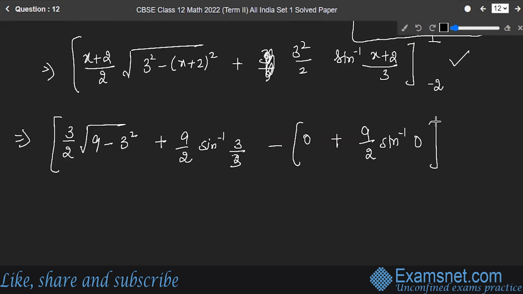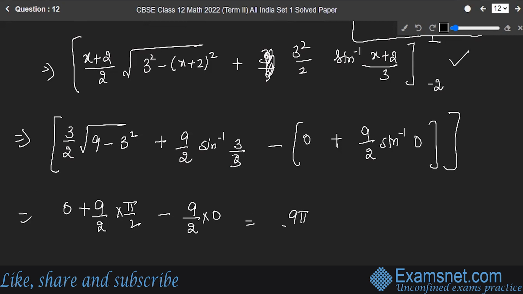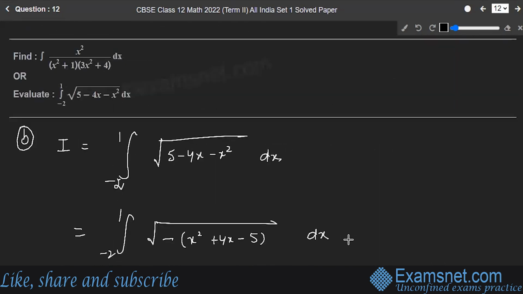Okay. Fine. So this is equal to 0 plus 9 by 2 sine inverse 1. Sine inverse 1 is pi by 2, minus 0 minus 9 by 2 sine inverse 0, which is 0. So this is equal to 9 pi by 4. This is the answer to the second part, the second option of the question. Hope you got that. 9 pi by 4. So this is the answer to the B part of the question.